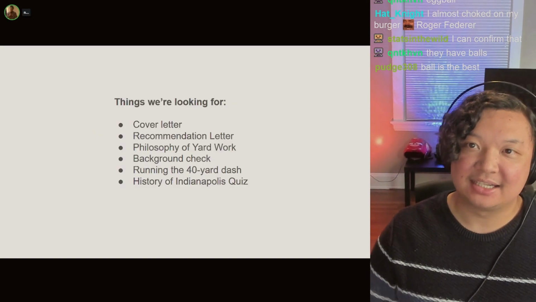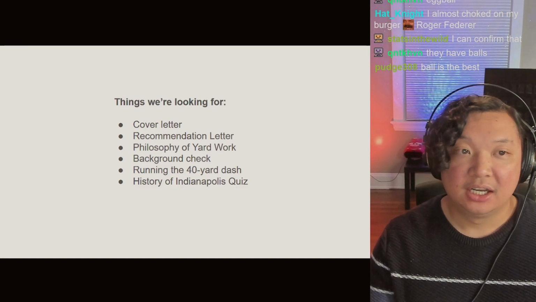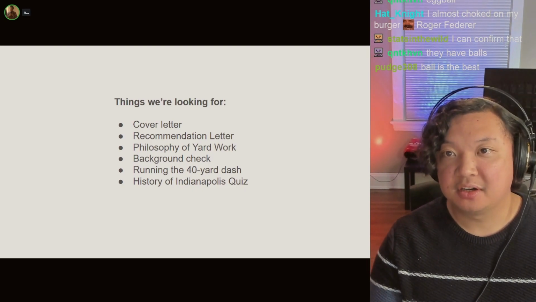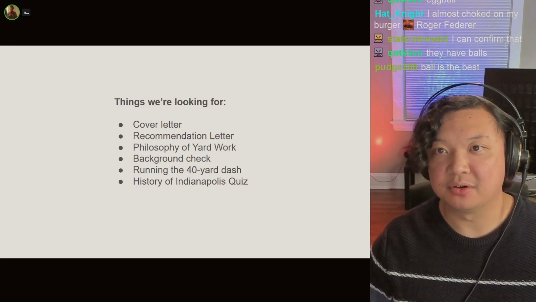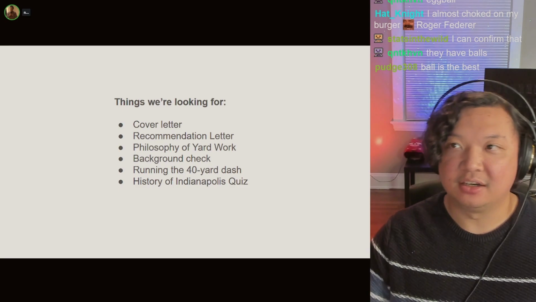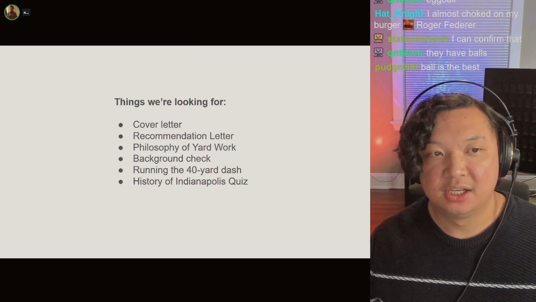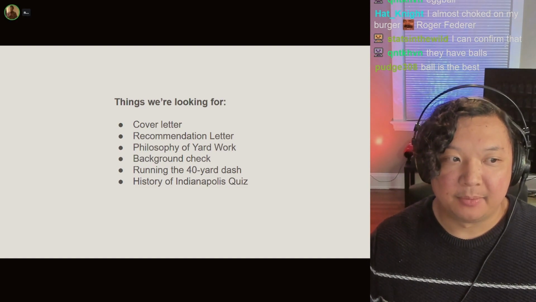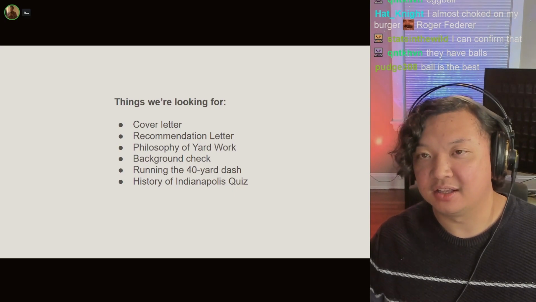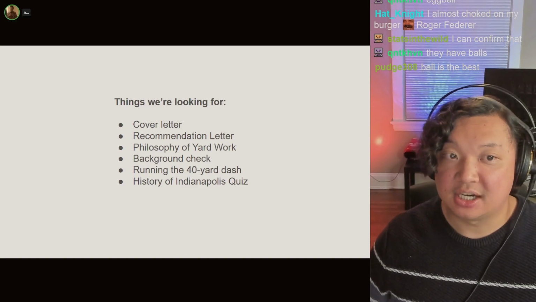We've isolated this into six different categories. We have, of course, a cover letter. There's a recommendation letter that's important, a philosophy of yard work, which is similar to a philosophy of teaching, given some of the requirements from some of our other teammates on yard work, a background check, of course, because this is a sport, the sport of football, we're looking for also the 40-yard dash time.